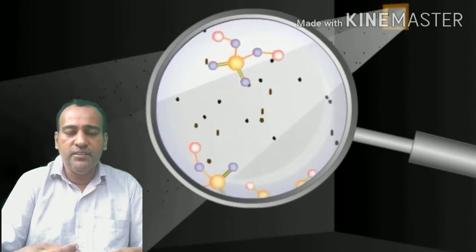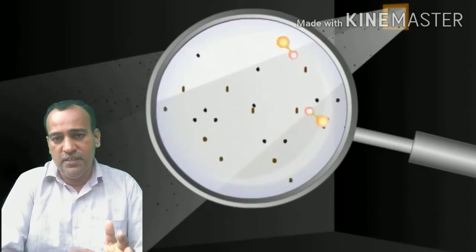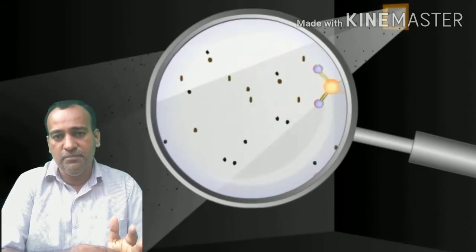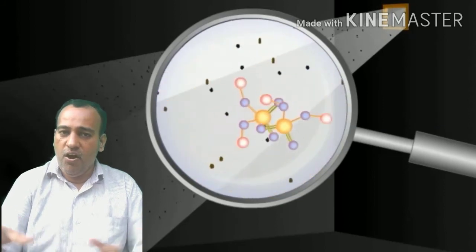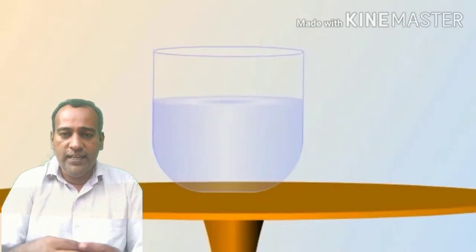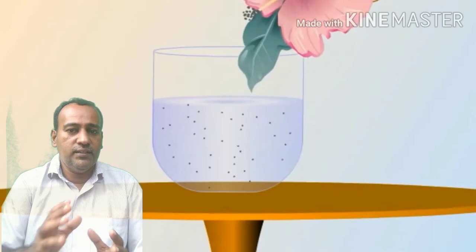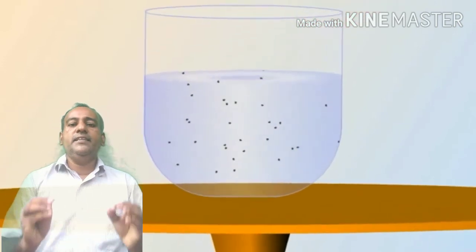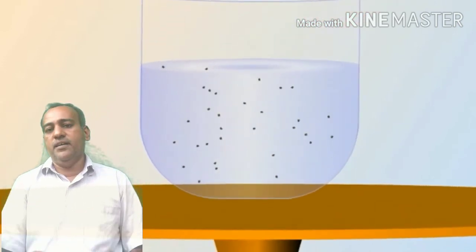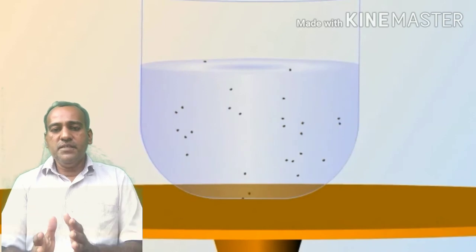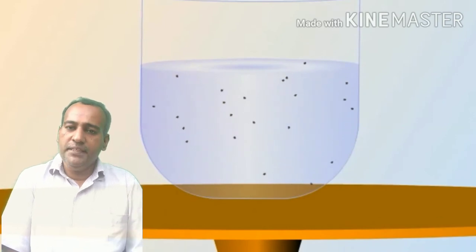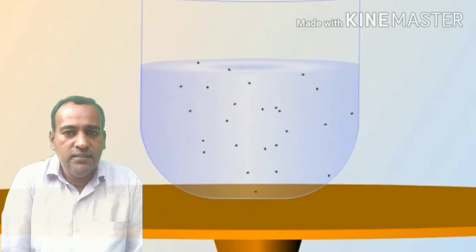When a dispersed phase particle collides with the dispersion medium, it moves in the opposite direction. On the way it collides with another particle. Like that, the unequal bombardment of the dispersed phase by the dispersion medium is the reason for Brownian movement.